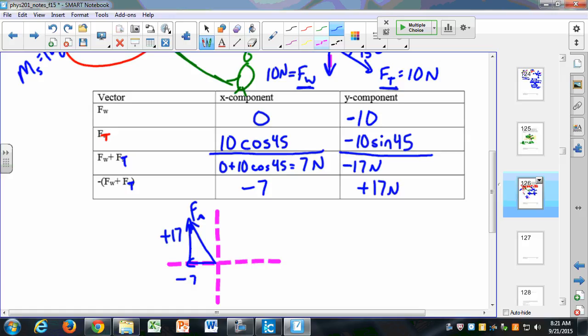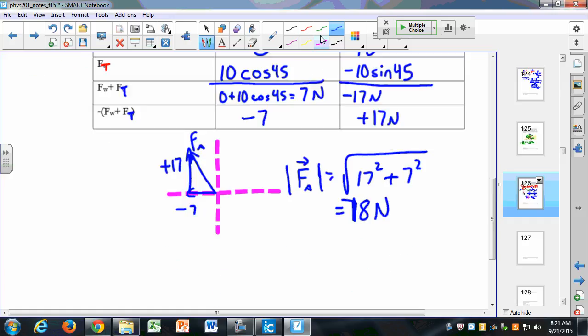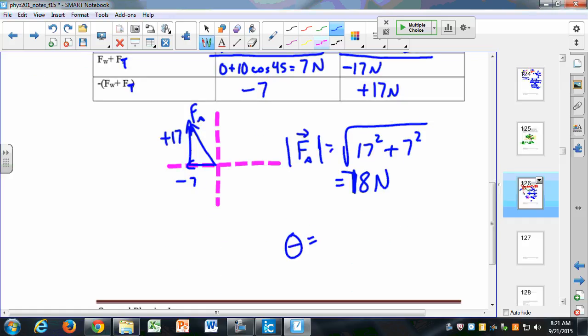So I can find the magnitude of Fa is the square root of 17 squared plus 7 squared, dropping the negative because it's squared. And that gives me a value of 18 newtons. And then the angle I can find is just the inverse tan of the y component over the x component.